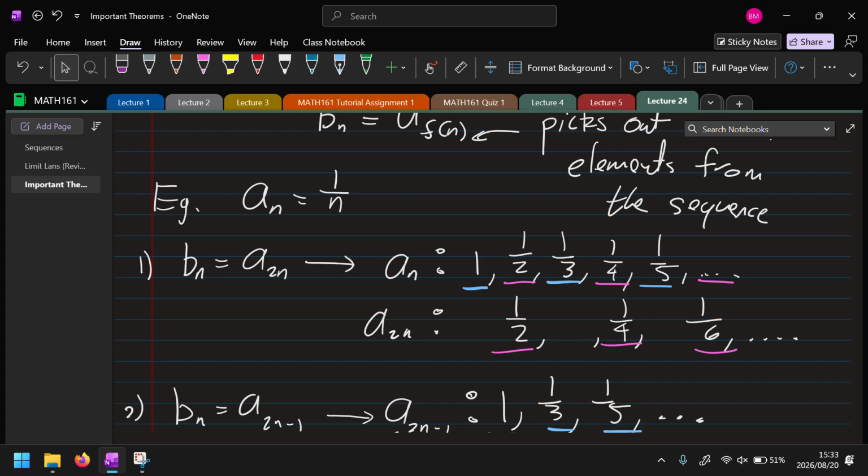So without even checking anything, a sub 2n, so a half, a quarter, a sixth, an eighth, that also converges. You don't have to check anything. We know already. And then the next one, 1, a third, a fifth, a seventh, a ninth, immediately converges. No checking required. So if you know it is a subsequence of a convergent sequence, it converges. You do not need to check anything else.